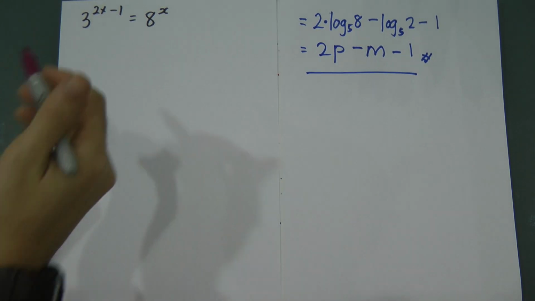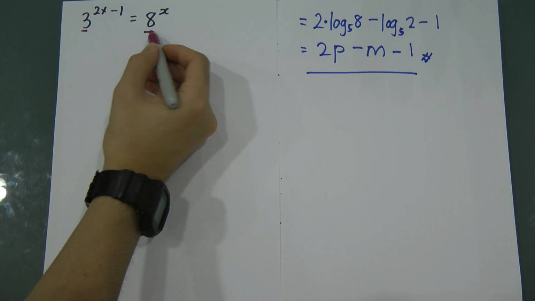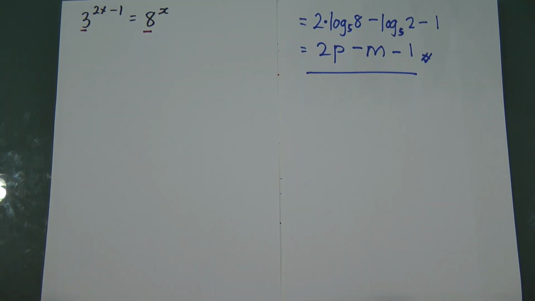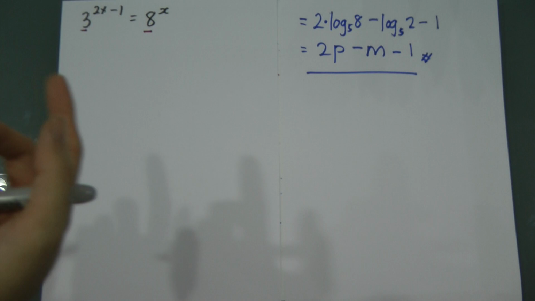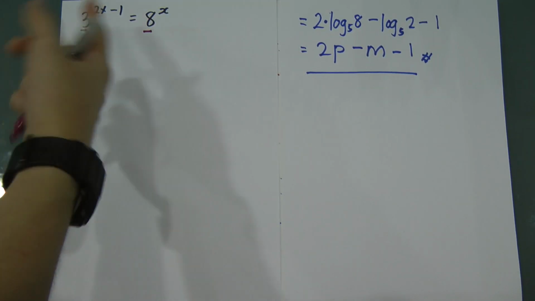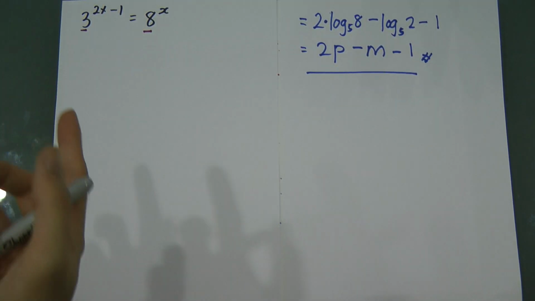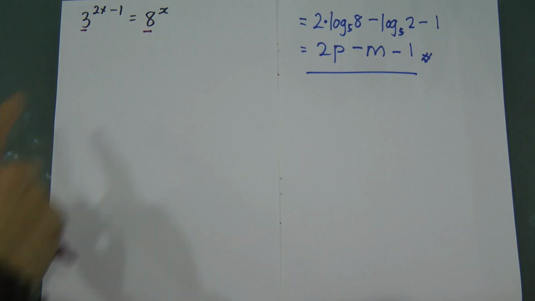You have to analyze: is it possible to relate 3 to 8? It's not possible. 3 and 9 we know is possible, or 3 to 27 is possible, or 2 related to 8 is possible, or 64 related to 8 is possible, but 3 and 8 do not have any relationship. If they do not have any relationship, you know you have to use log to solve it.